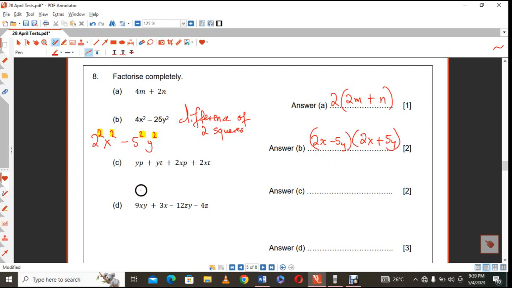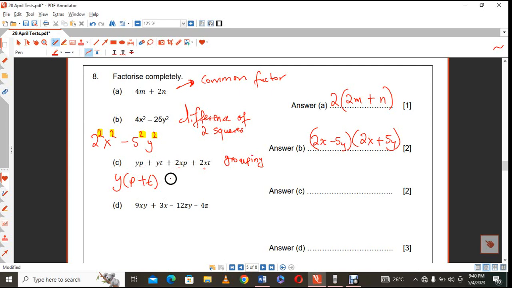Okay, here you have to factorize by grouping because you have got 4 terms, and grouping works with 4 terms, 6 terms, must be an even number of terms. And here the way we were factorizing is just by taking out a common factor. So we're going to take them in pairs. That's why I said grouping. So what is common between these two terms is y, and everything, p plus t, will be outside.